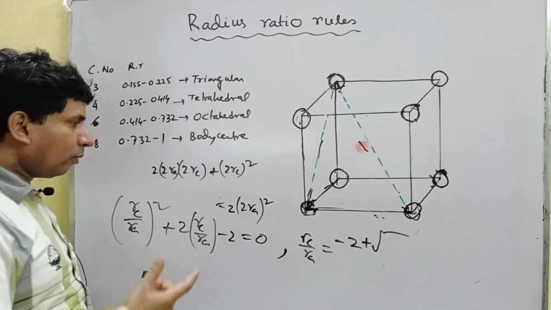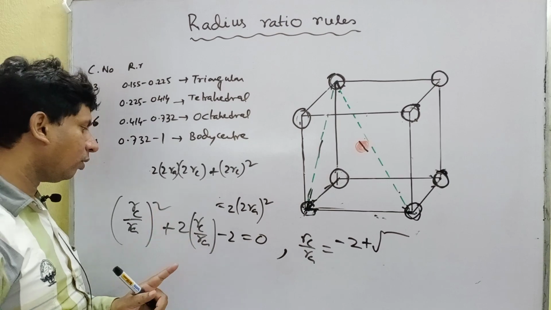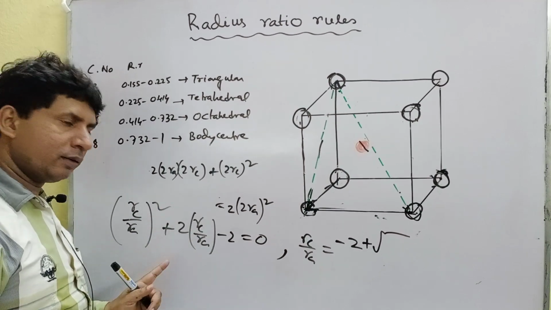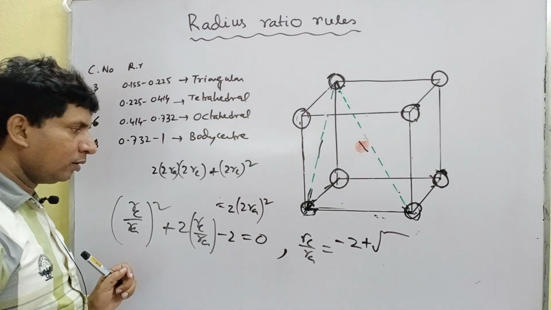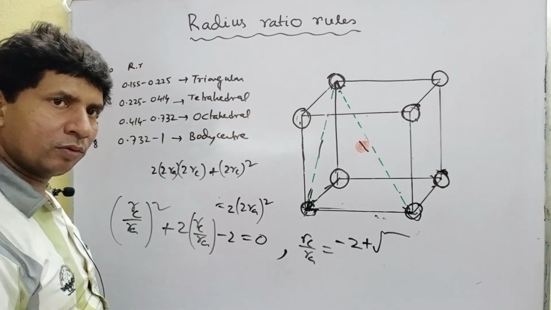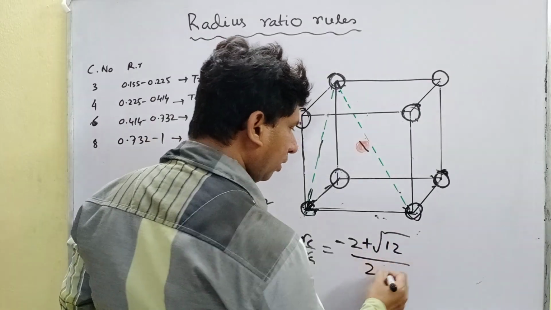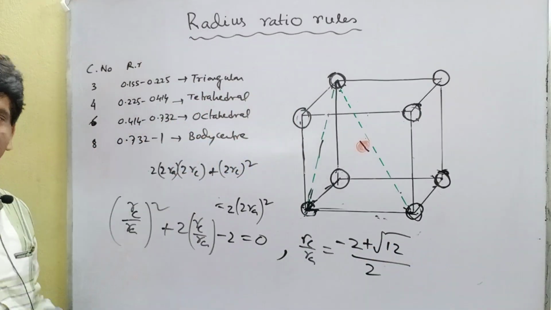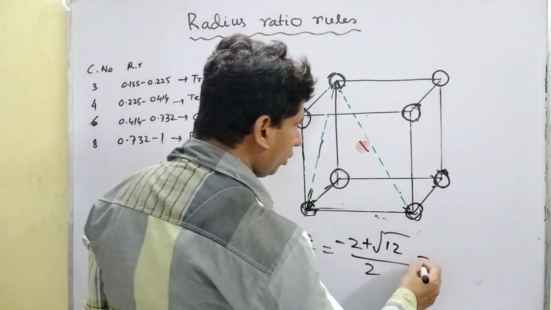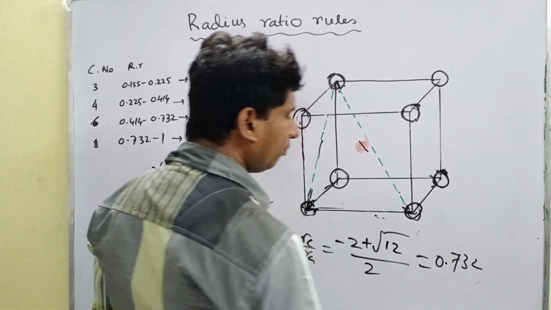Then root over b squared, that is 4, minus 4ac, where a is 1 and c is 2, that is minus 2. Then it will be root 12 divided by 2, minus 1, and the value will be 0.732.